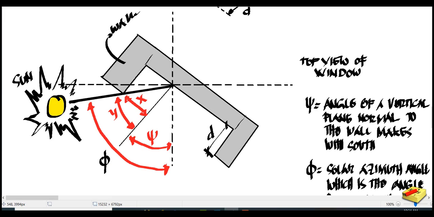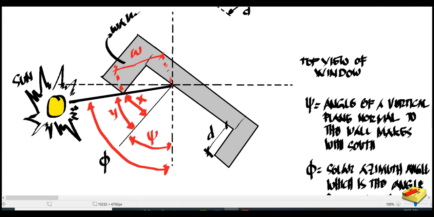Then the distance traveled by the ray can be projected here, represented as W, the distance of the projected ray of the sun from the external shading to the glass.